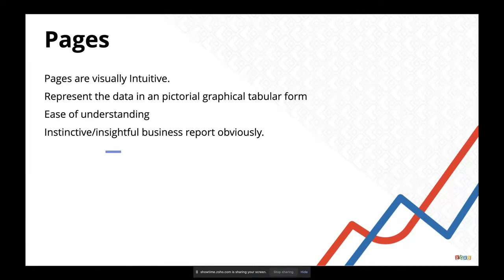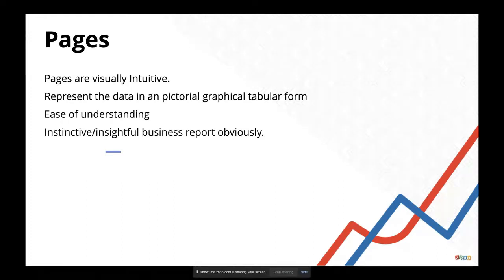And pages give us a detailed understanding of the business intelligence. It allows us to monitor various KPIs across our application, and we can generate a very insightful business report within a matter of seconds, and it can be filtered.